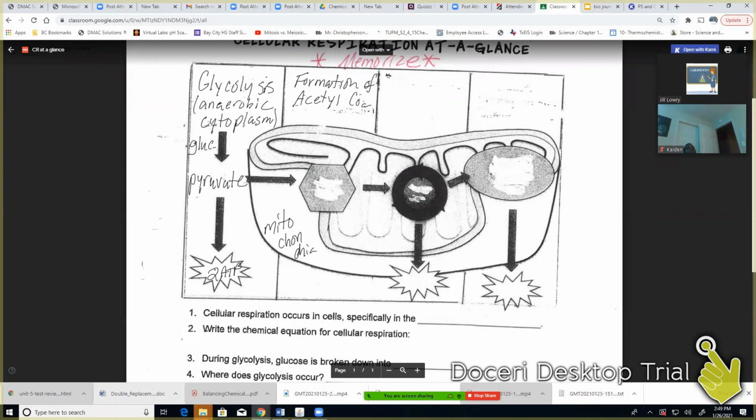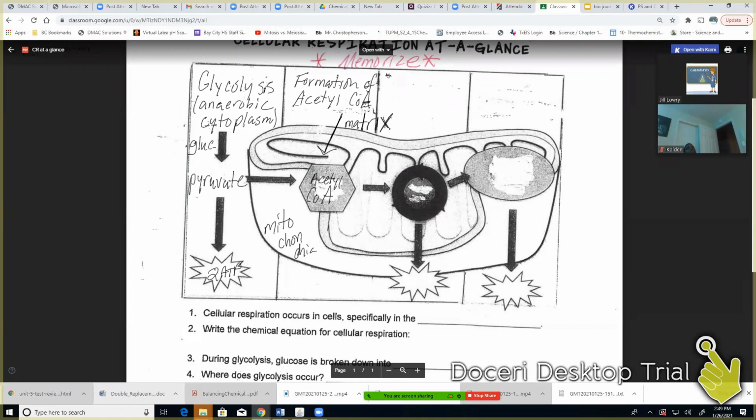That's a C-O and then a big A. And that's happening here in the matrix of the mitochondria. So pyruvate is broken down into acetyl CoA in the matrix of the mitochondria.